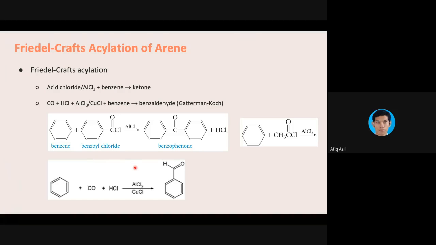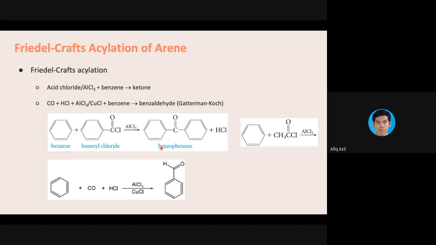Here's an example, you have benzene and this benzoyl chloride, which is an acid chloride, in the presence of aluminium chloride. The function of this aluminium chloride, which is a Lewis acid, is basically to act as a catalyst. What will happen is the chloride over here will be removed, and the C double bond O will straight away form a bond with this carbon.